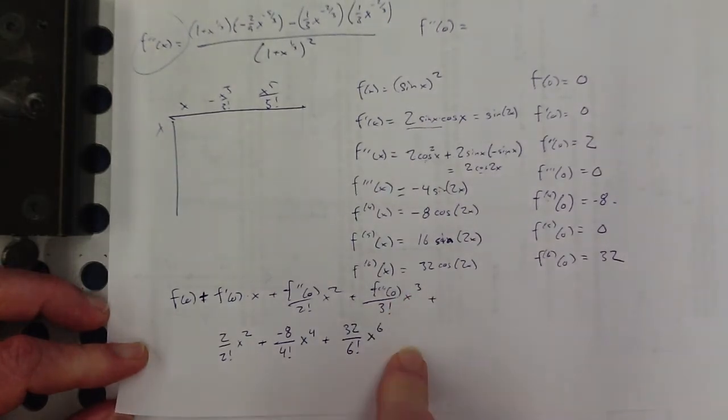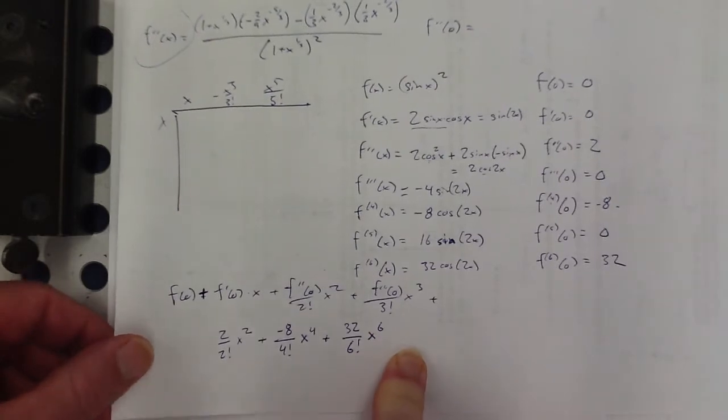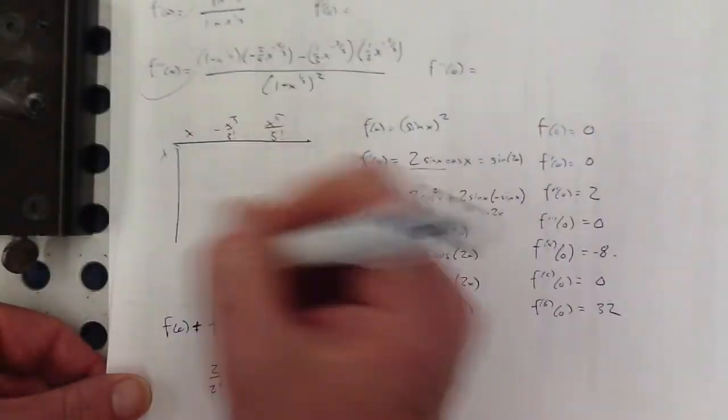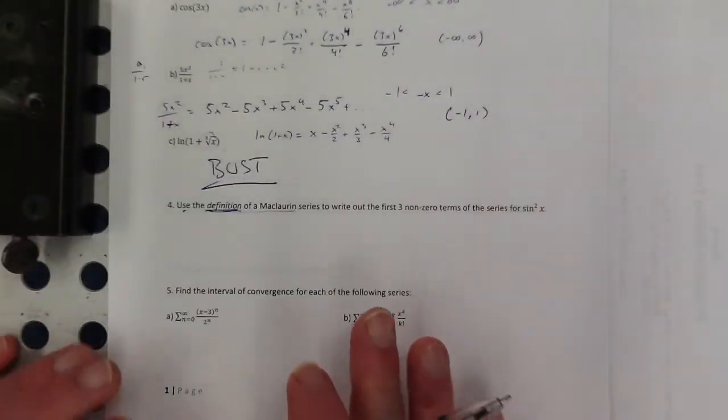That's the first 3 non-zero terms right there, done in that way. This would have been easier, but we have different ways of doing these things.